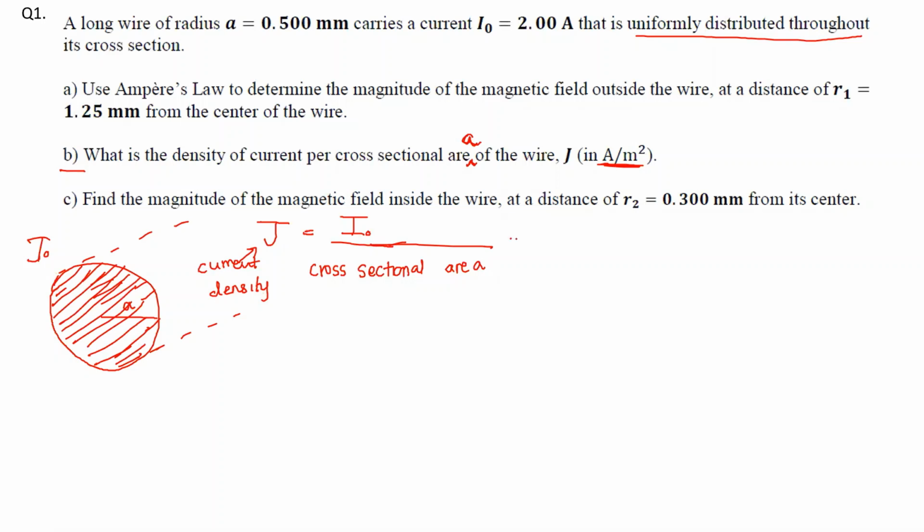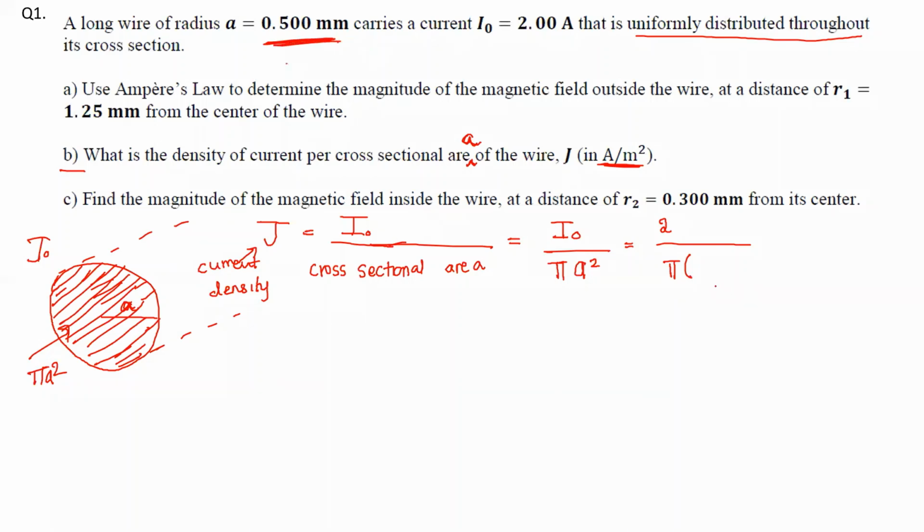So if I find the cross sectional, if I find J, what do I get? I naught divided by the cross sectional area of this circle, which is pi a squared, right? This radius is a, therefore the area of this circle is pi a squared. So if I substitute the values, 2 amperes divided by pi, what is a?